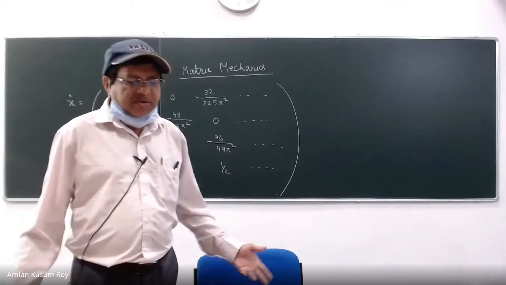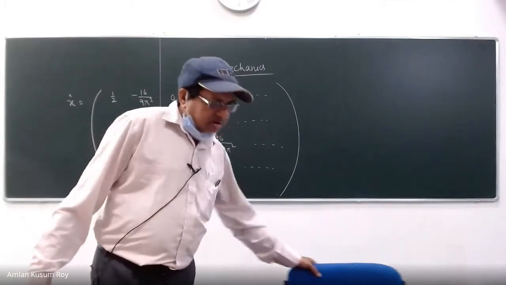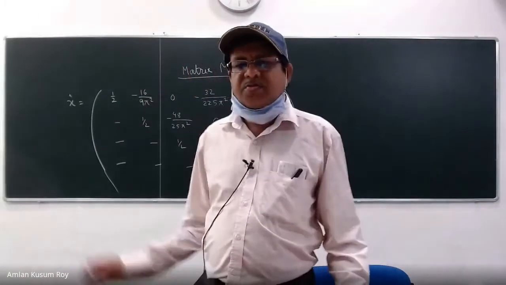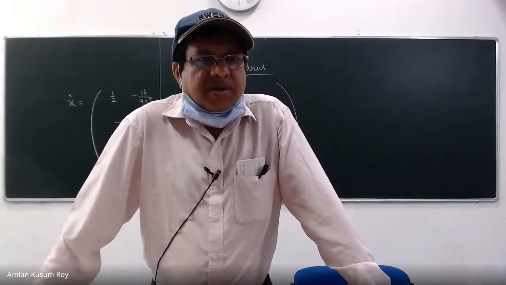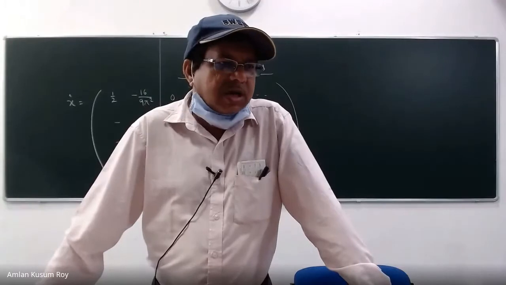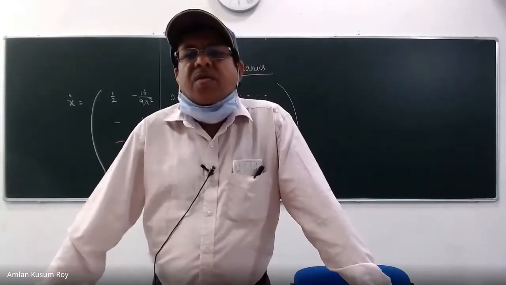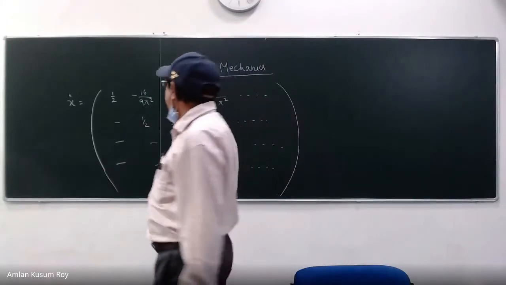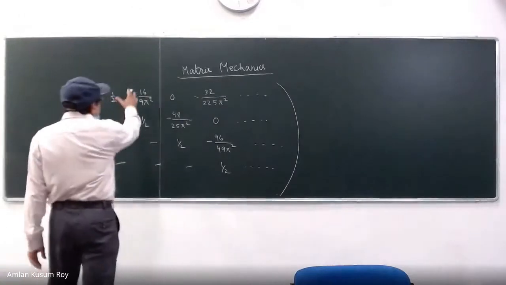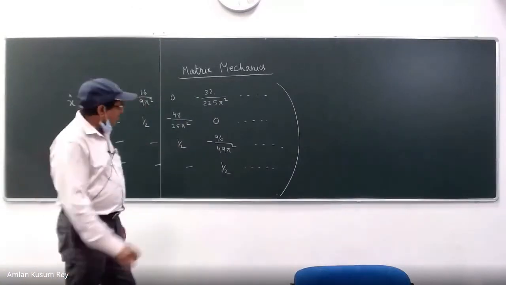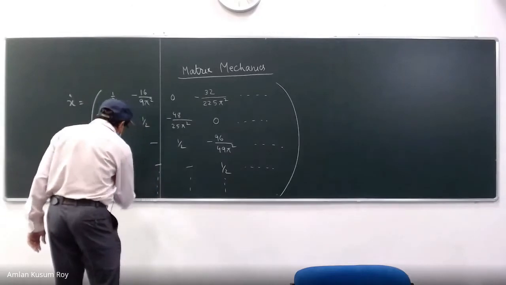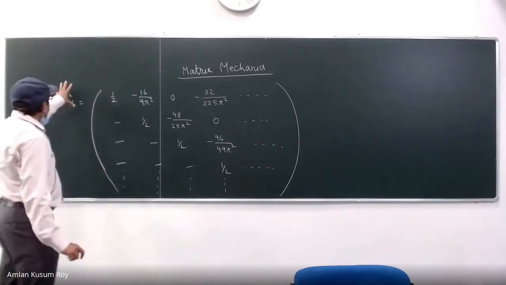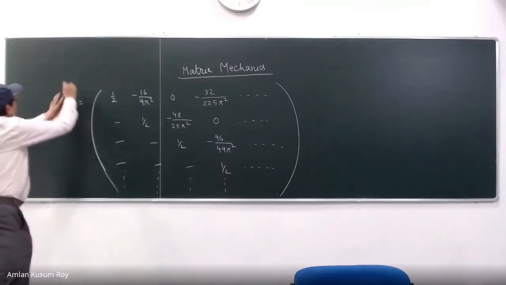Eigenvector, just a recapitulation, for those of you who have difficulty or have just forgotten: you can represent the eigenvectors as column matrices, okay? And an operator is represented by a square matrix. So this is the representation of an operator called X.